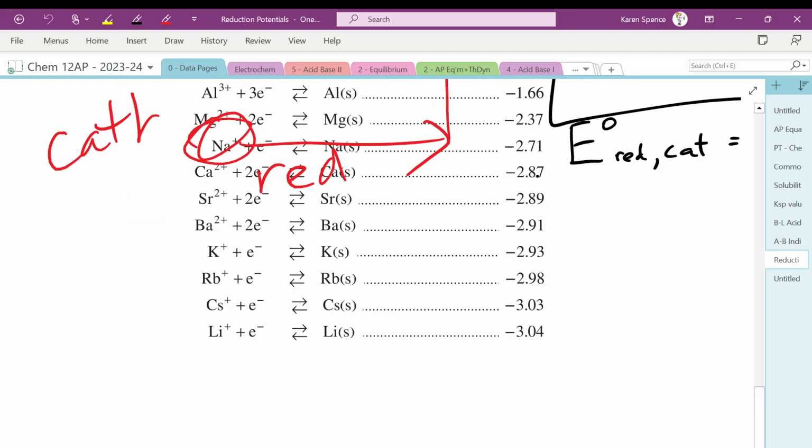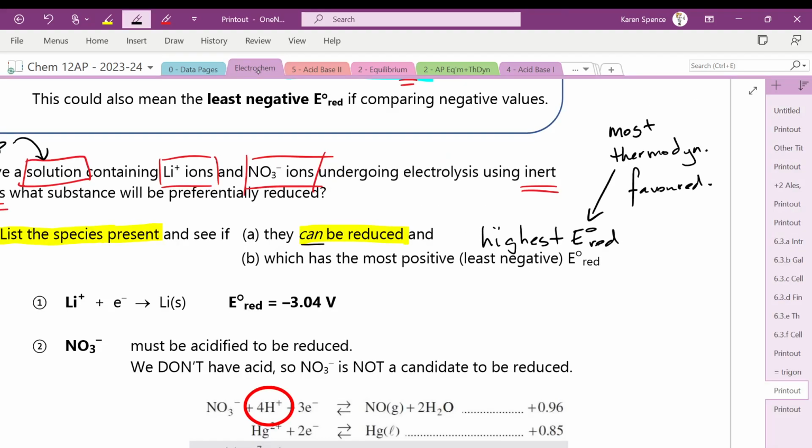Whoa! So do you think that lithium is going to be our favored reduction? No. Not unless there is nothing else present, okay? Because it's the lowest possible reduction potential on our chart. And I think it's the lowest altogether. So it's probably not going to be lithium.